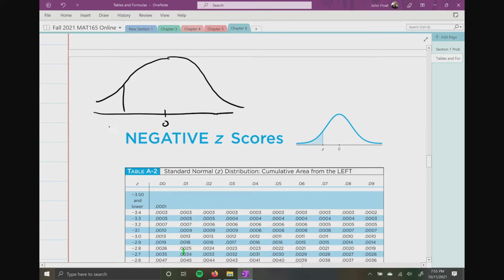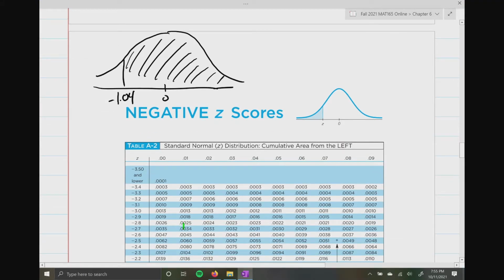So negative 1.04 is to the left of 0, and we need to shade to the right. Now, here's what we know. We are guaranteed 2 things with this table. First and foremost, they give you z-scores, and z-scores are a measured distance along the horizontal axis. Number 2, the area is always added from left to right.